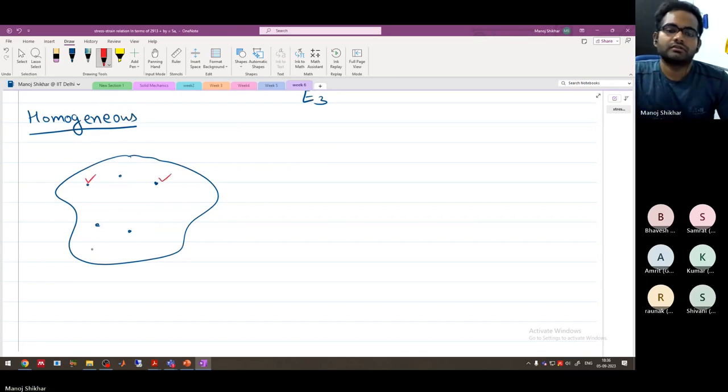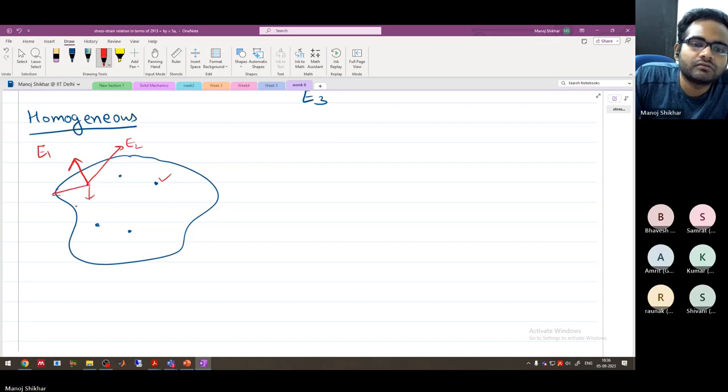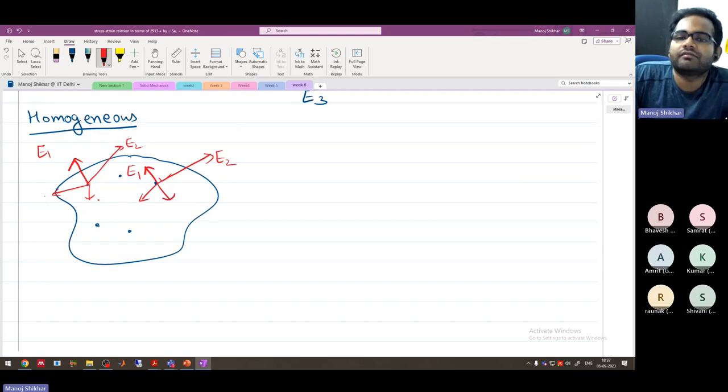For example, let us assume again we are considering the case of Young's modulus. If I'm measuring Young's modulus here, and suppose I'm going in this direction, I'm getting E1. In this direction, I'm getting E2, and so on. Here also I do the same thing. I go in different directions. And I get different Young's modulus values.